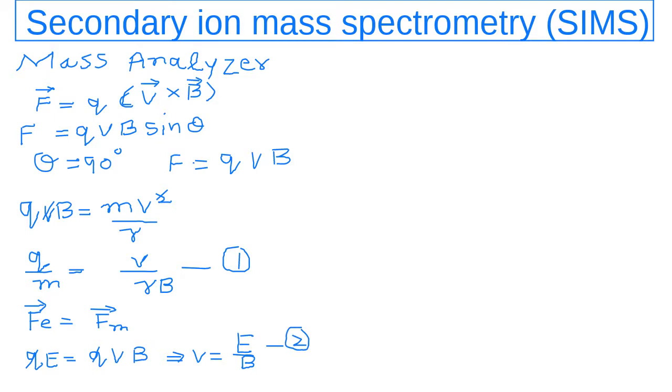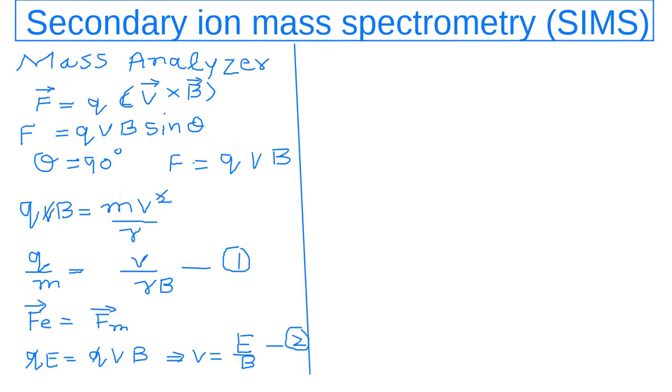Here we would like to come to one point and understand the actual meaning of this system. If you put this value of V in equation 1, what is the final expression?